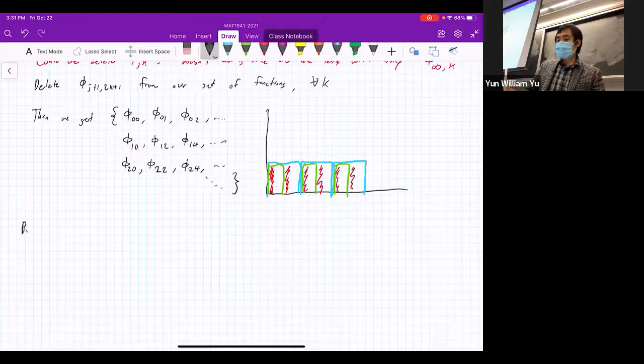But this still doesn't get us an orthogonal set. The problem now is that the integral of phi jk times phi j plus 1, 2k is not equal to 0, so it's not an orthogonal basis.